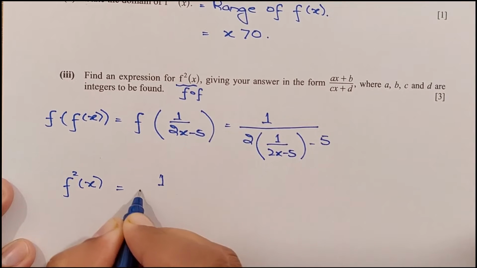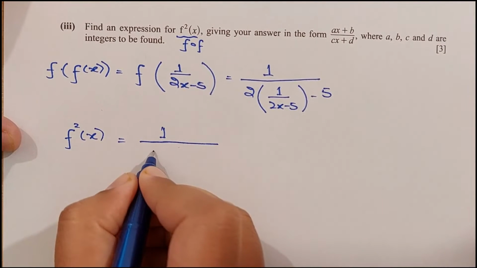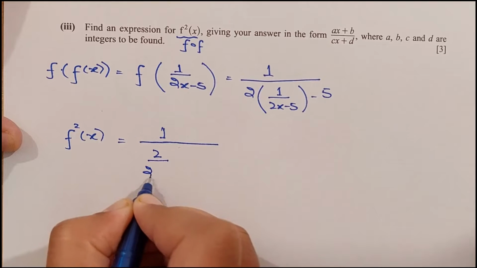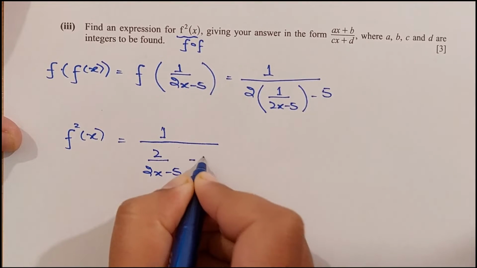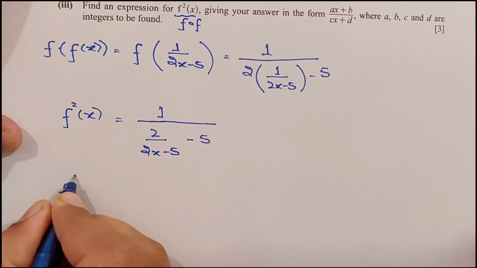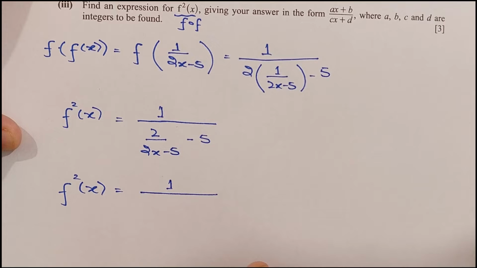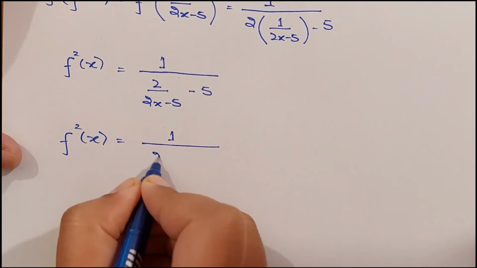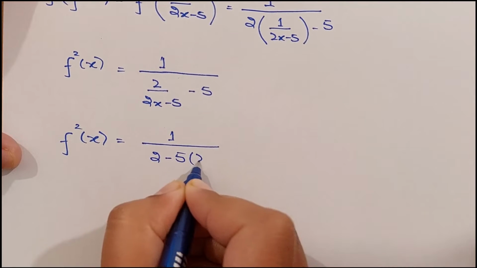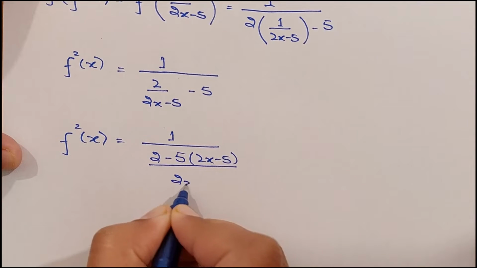We have 1 whole divided by 2 divided by (2x − 5), minus 5. Right. And for further simplification, f squared of x equals 1 divided by, taking the LCM, (2 − 5(2x − 5)) divided by (2x − 5).